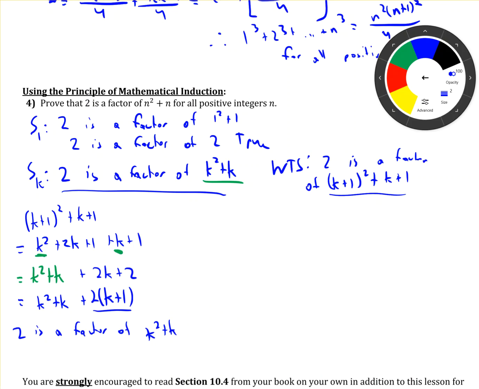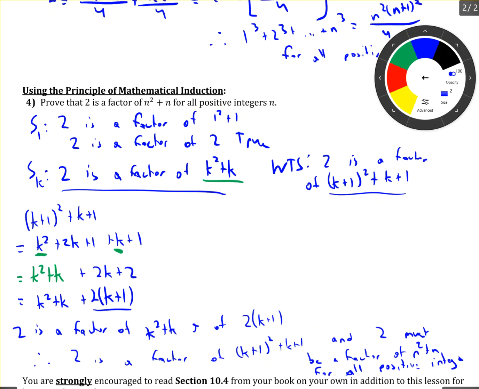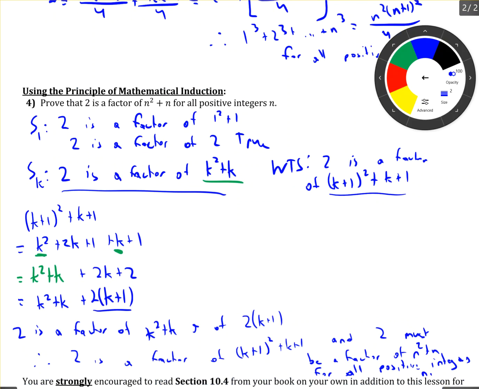And so, therefore 2 is a factor of k plus 1 squared plus k plus 1, and 2 must be a factor of n squared plus n for all positive integers n. And there you have it.